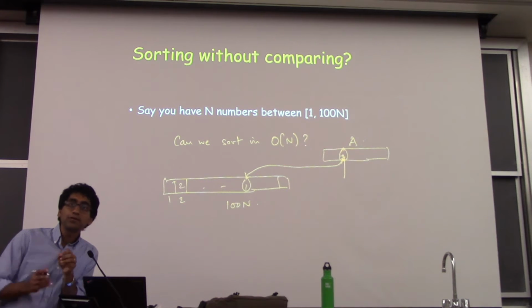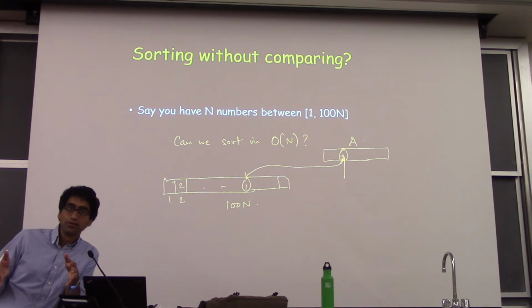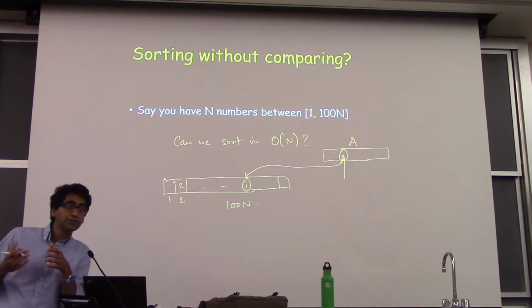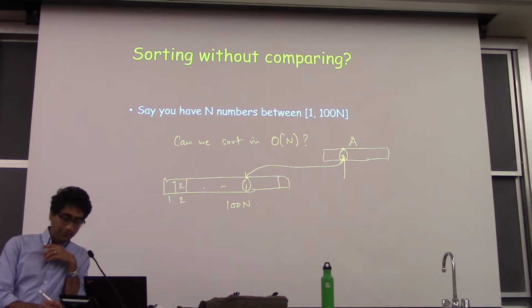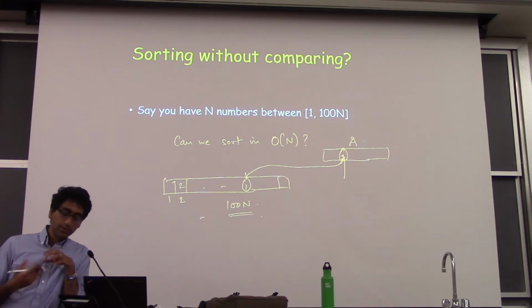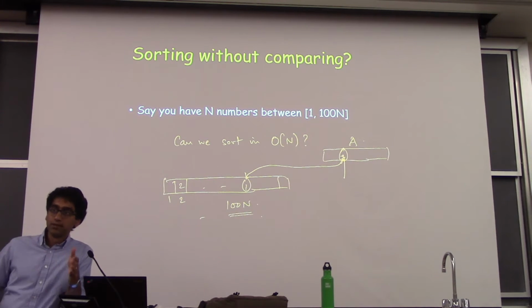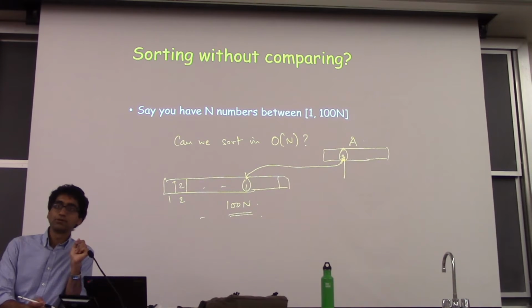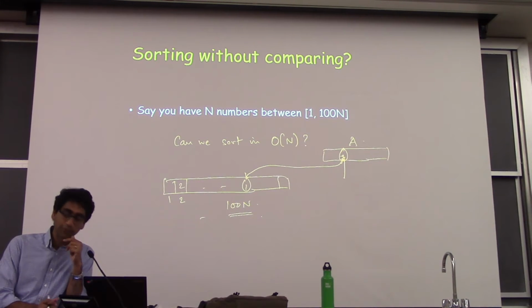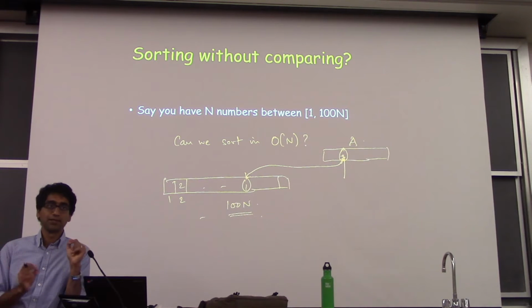Okay? So you could say this is an artificial model, but almost every algorithm we know for sorting actually falls into this. Okay? So these kind of special cases are a little bit different, where you will have some guarantees about these elements. But any general purpose sorting algorithm will just work by comparison. Okay, so most reasonable things like merge sort, quick sort, all these things work by just comparison.